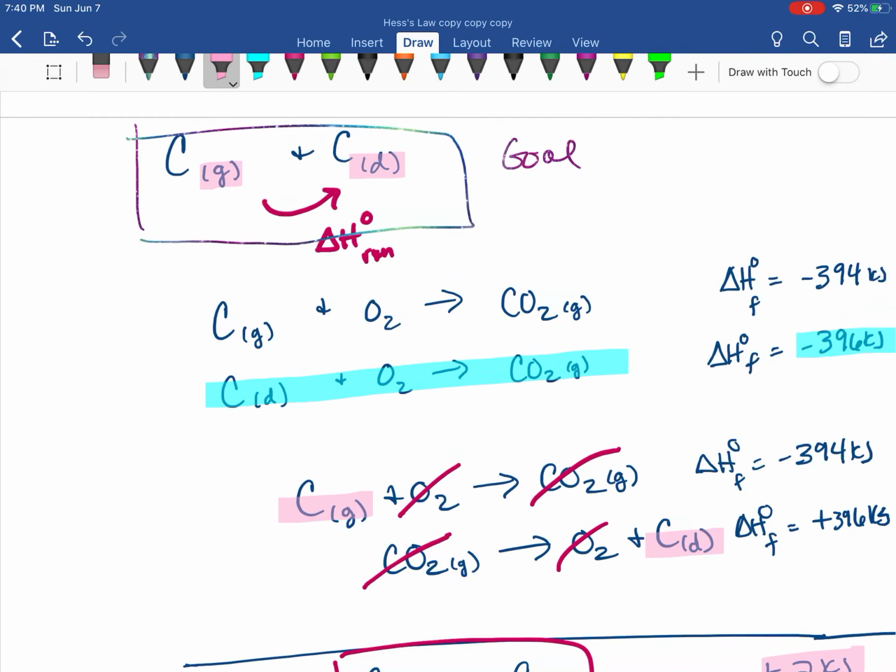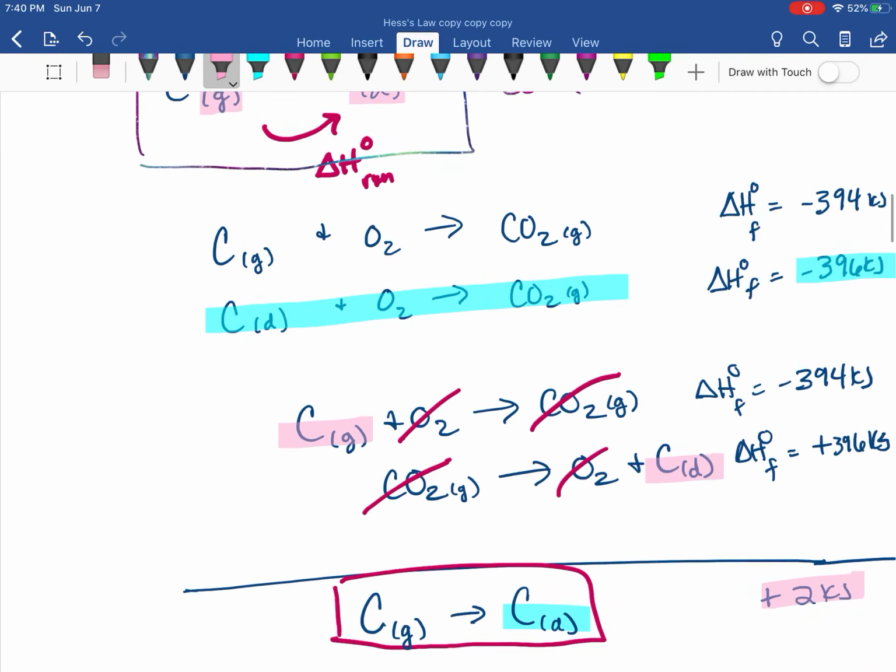So if we wanted to convert carbon graphite to carbon diamond, it would require 2 kilojoules in order to do that. So our Hess's law can actually give us all kinds of information. It doesn't matter that this process in theory could happen in 2 steps or 3 steps or 4 steps.